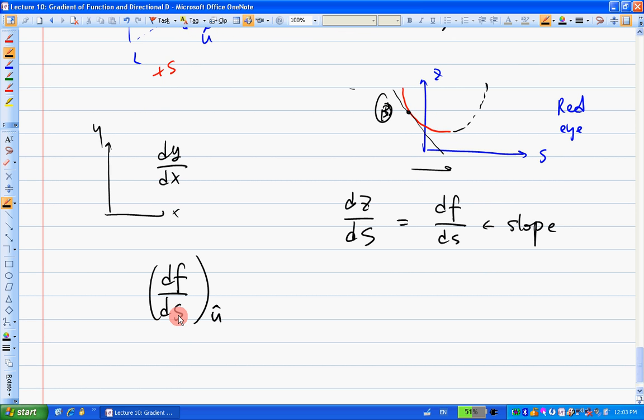That's the slope we're talking about when you're walking in the direction of u hat. And to be more specific, you can put another p naught here, which represents the slope when you're walking along the u hat at the point p naught.